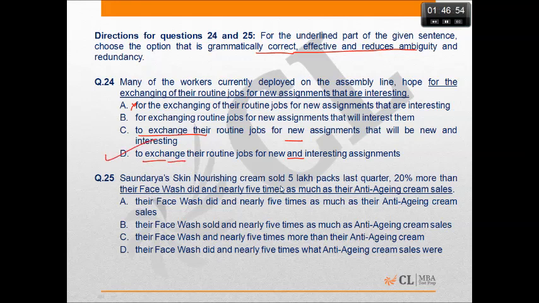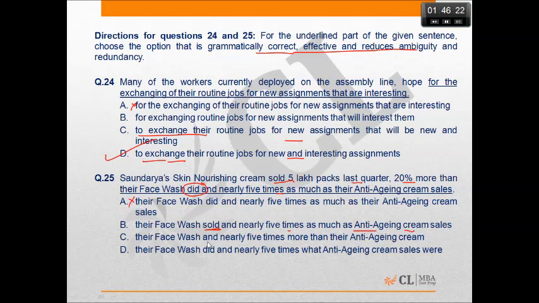Saundarya skin nourishing cream sold 5 lakh packs last quarter, 20% more than their face wash did, and nearly 5 times as much as their anti-aging cream sales. Should this be there or not? I would think this is a better option. A is definitely out.